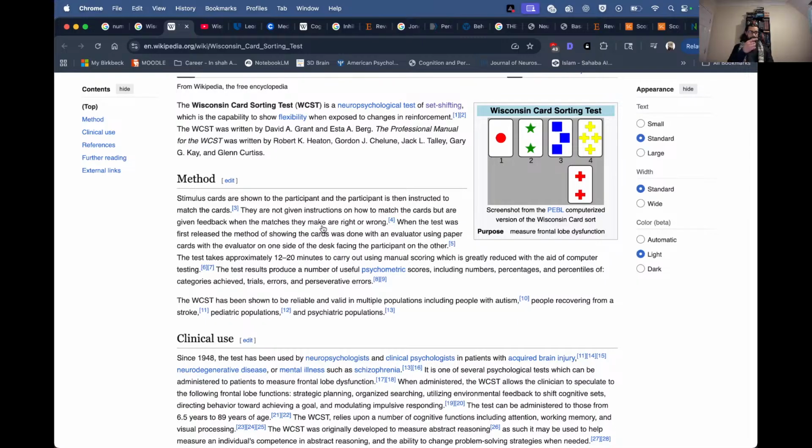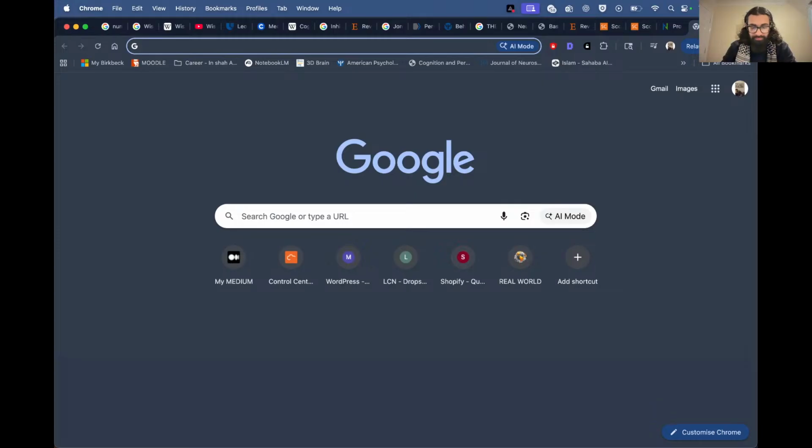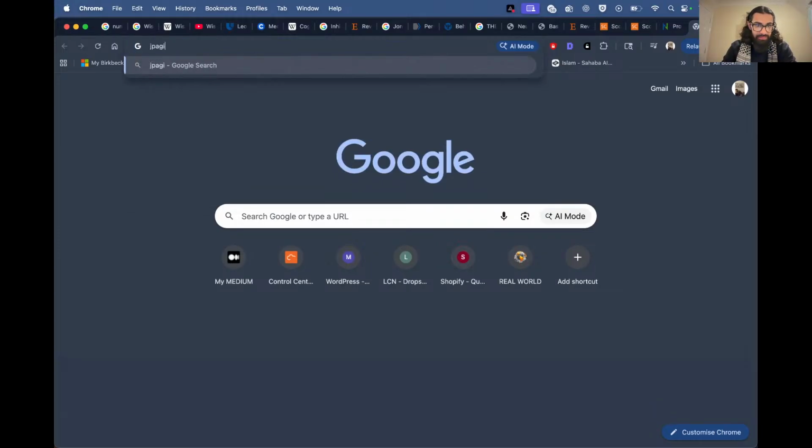I'll pull up his paper on YouTube here. His name's Joaquin Fuster, and he's in his 90s, based in Spain. And I like how he describes the prefrontal cortex in his book.